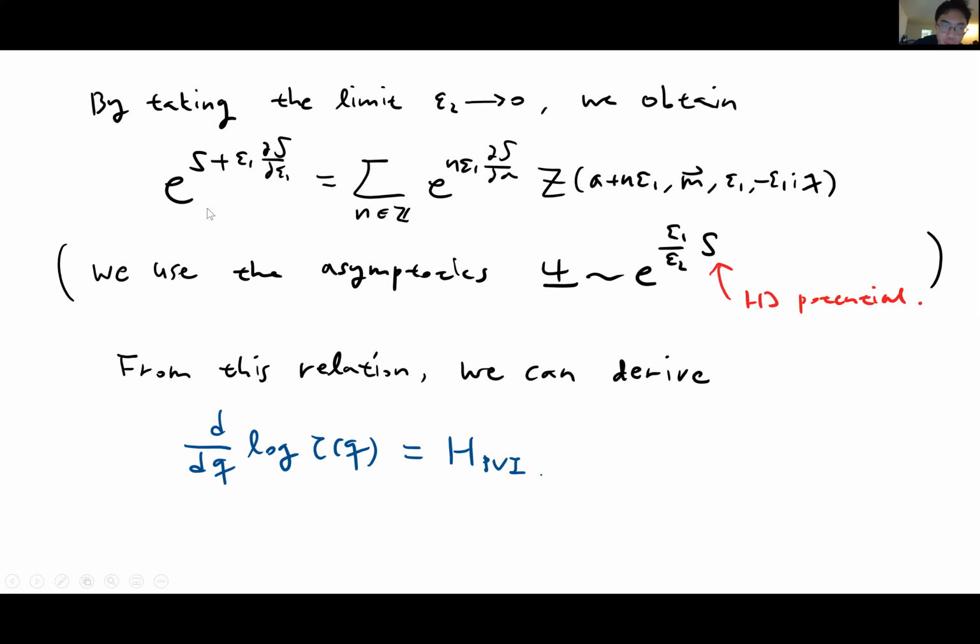In that way, we derive the GIL conjecture. I omit the detail of the computation, but I just presented the idea of how it goes.